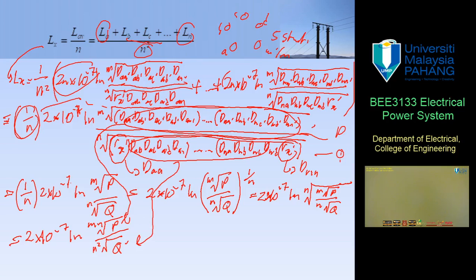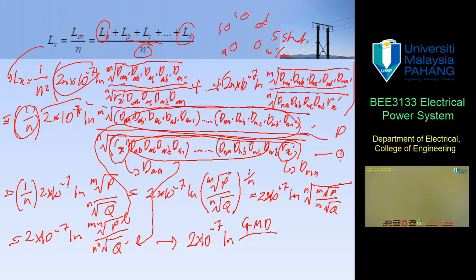Again, it comes as 2 multiplied with 10 to minus 7 ln GMD. What is the GMD?